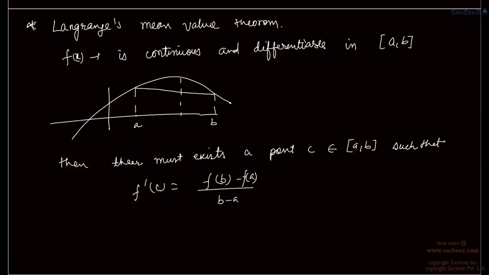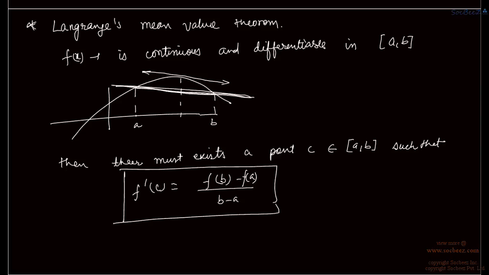That is, there must exist a point C where the slope of the tangent is equal to the slope of this secant. Okay, so this is the modified version of Rolle's theorem, where fb is equal to fa and we are getting the slope of tangent as 0. So these are the two important theorems.